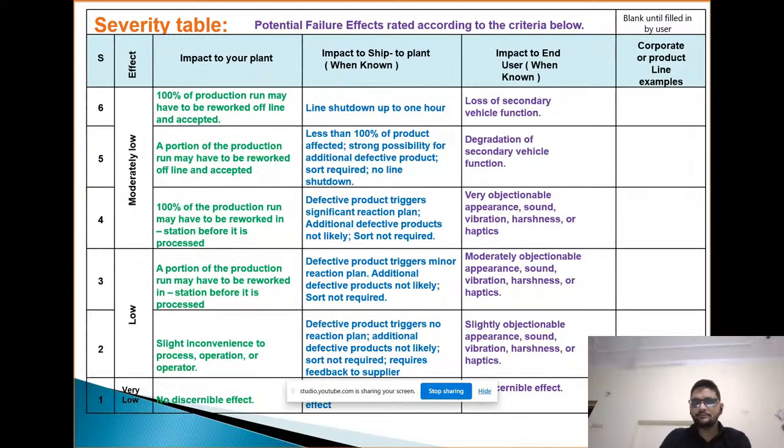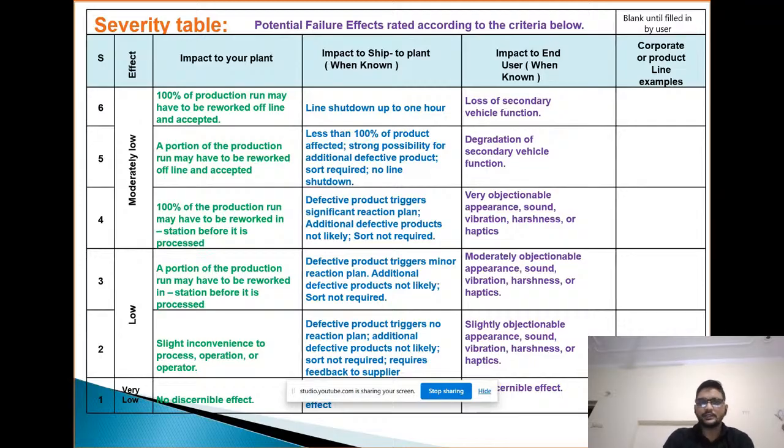Rating 5 is a portion, and rating 4 is 100% of production reworked in station. Rating 5 was for offline, rating 4 is inline, and ratings 4, 5 and 6 come in the moderately low effect category. In the case of rating 4 and impact to ship, defective product triggers a significant reaction plan.